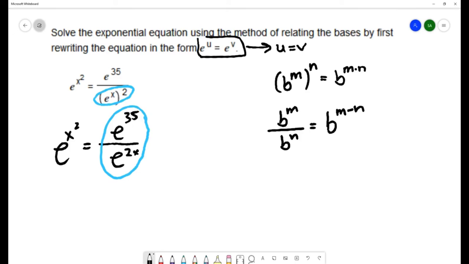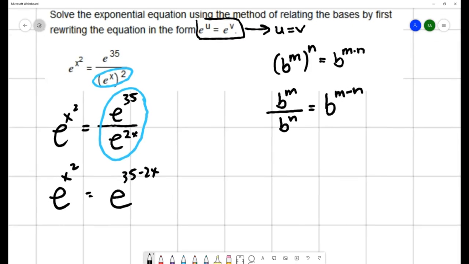That's exactly what we have in my blue circle there, e to the 35th divided by e to the 2x. We're dividing expressions that have the same base, so we subtract those exponents. On the right-hand side, that gives me e to the 35 minus 2x, and on the left we have e to the x squared.